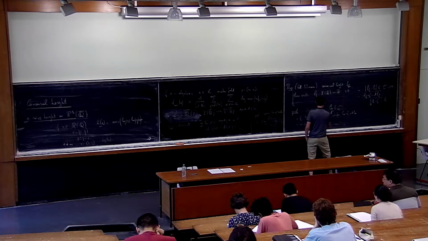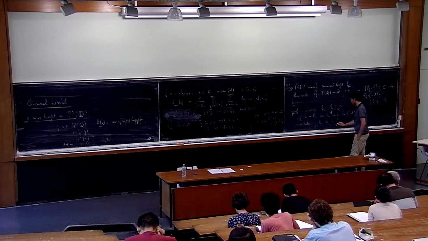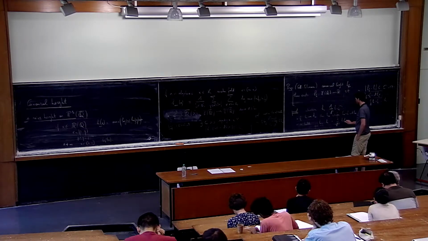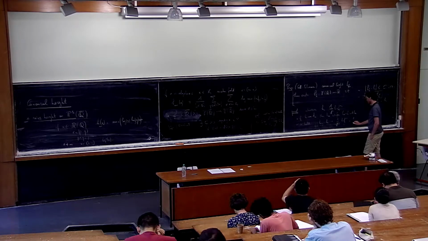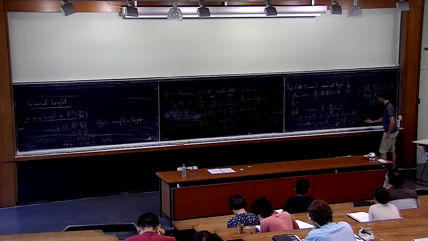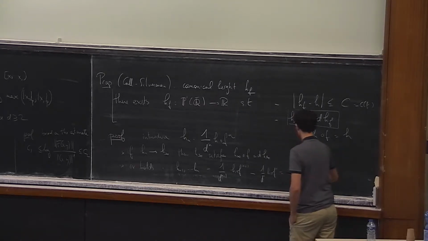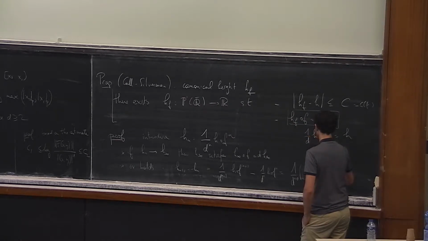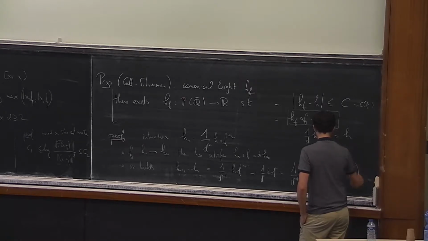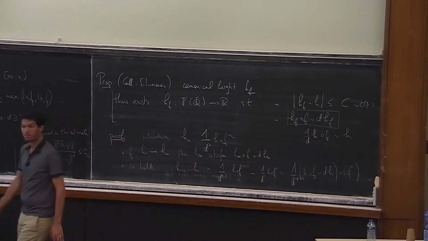So H_{n+1} minus H_n is 1 over D^{n+1}, H composed with F^{n+1} minus 1 over D^n, H composed with F^n. So it is 1 over D^{n+1} times H composed with F minus D H, composed with F^n.